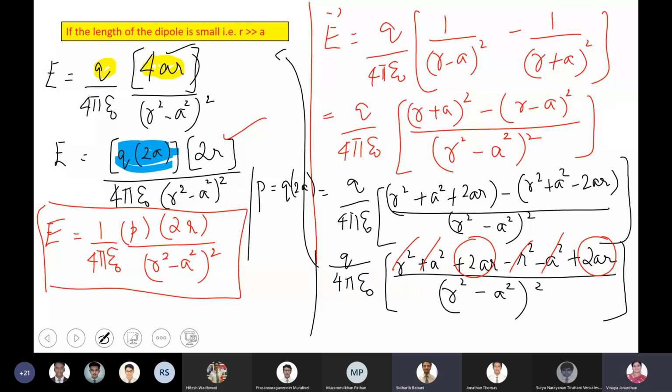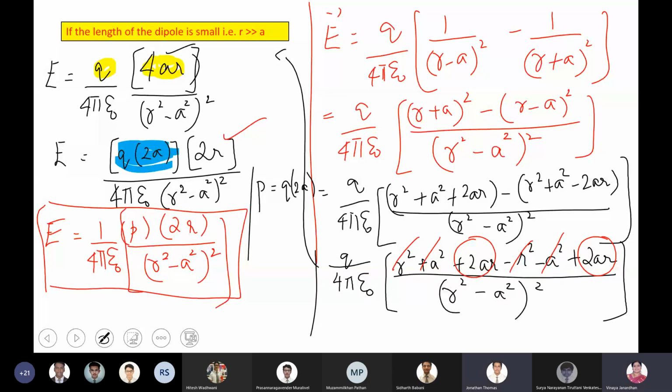Ma'am, now can we cancel 2 and 4? Which one? 2 and 4 from the numerator. No need, let it be standard. The reason is that sometimes when you solve numericals, 1 by 4 pi epsilon naught has the value 9 into 10 to the power of 9.